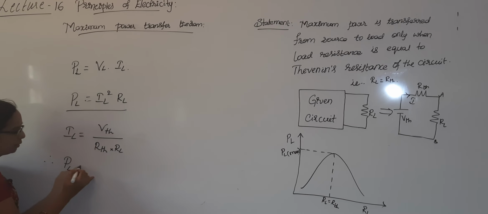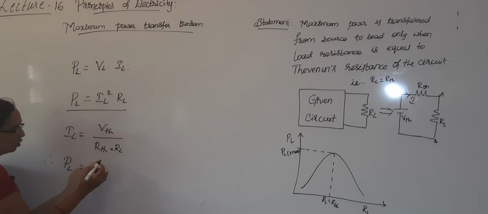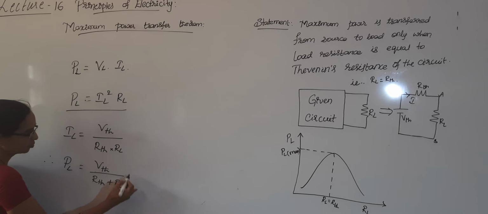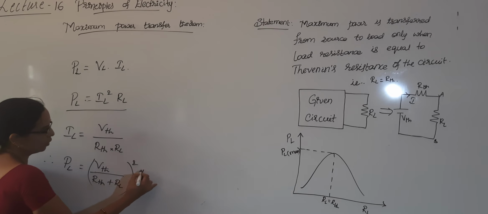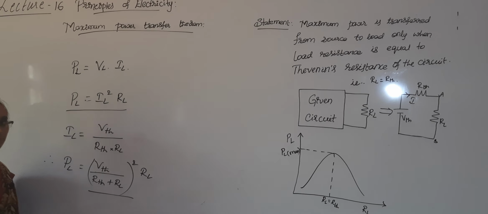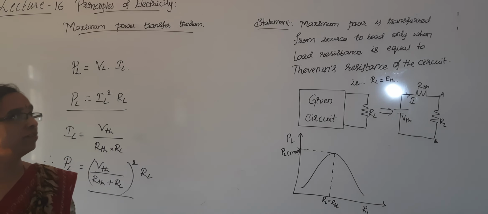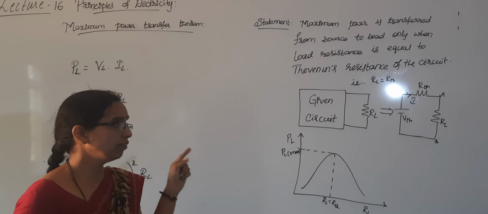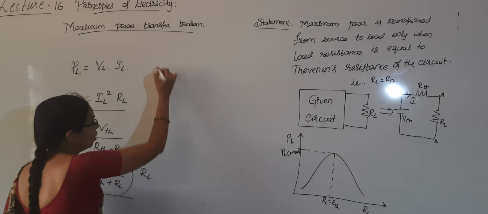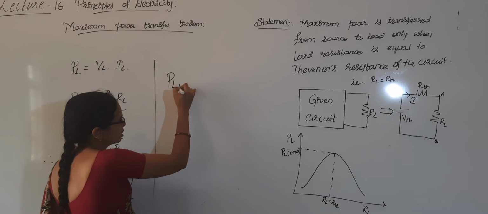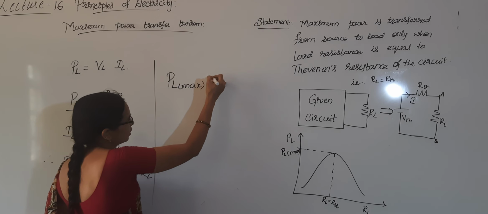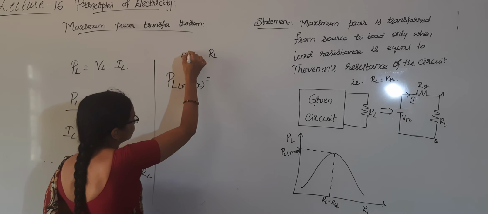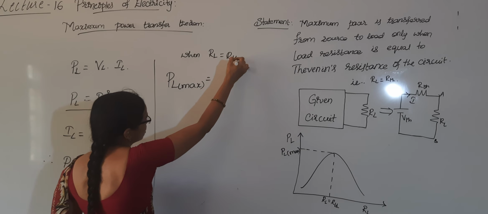Therefore, PL will be equal to VTH divided by RTH plus RL, whole square, into RL. Okay. But the maximum power transfer theorem tells us maximum power will be transferred only when RL is equal to RTH. So we will get PL maximum when RL is equal to RTH.